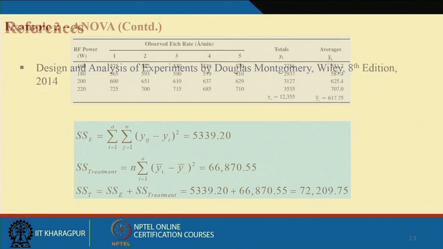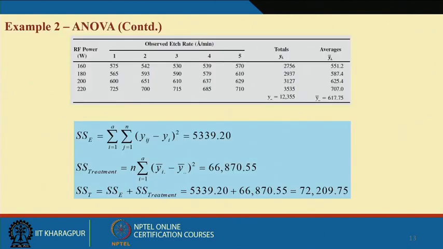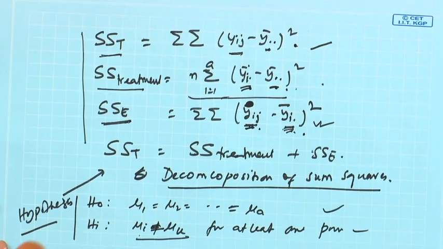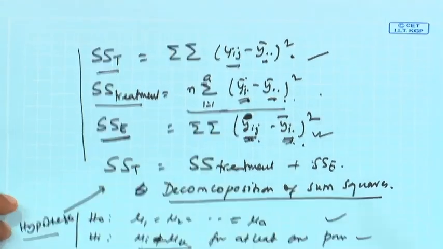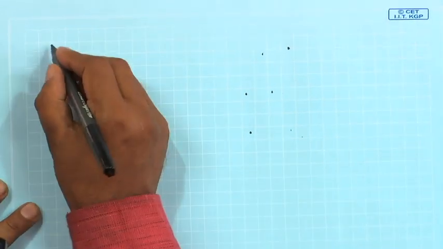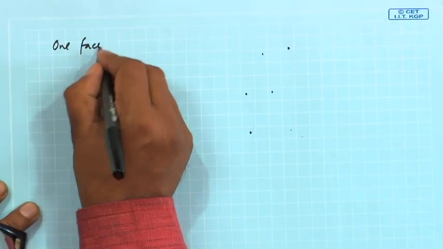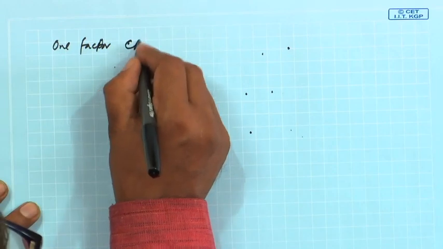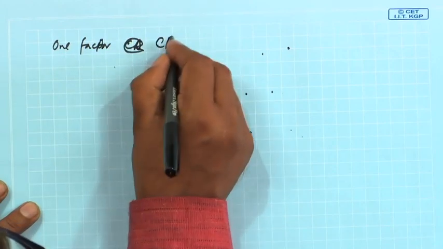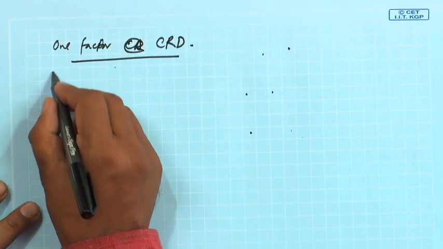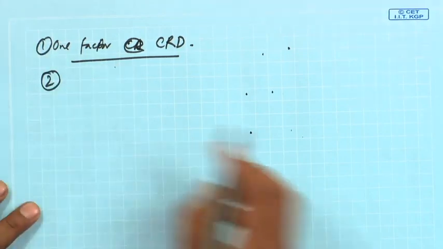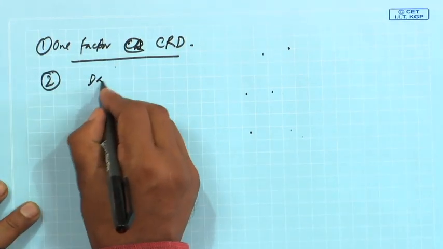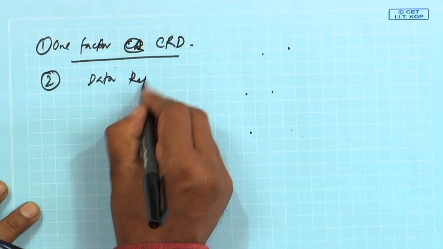So, this is the decomposition of sum squares. I hope that you understand. So, what have we discussed? We have discussed one factor CRD, complete randomized design. Then we have seen the data representation in tabular form.